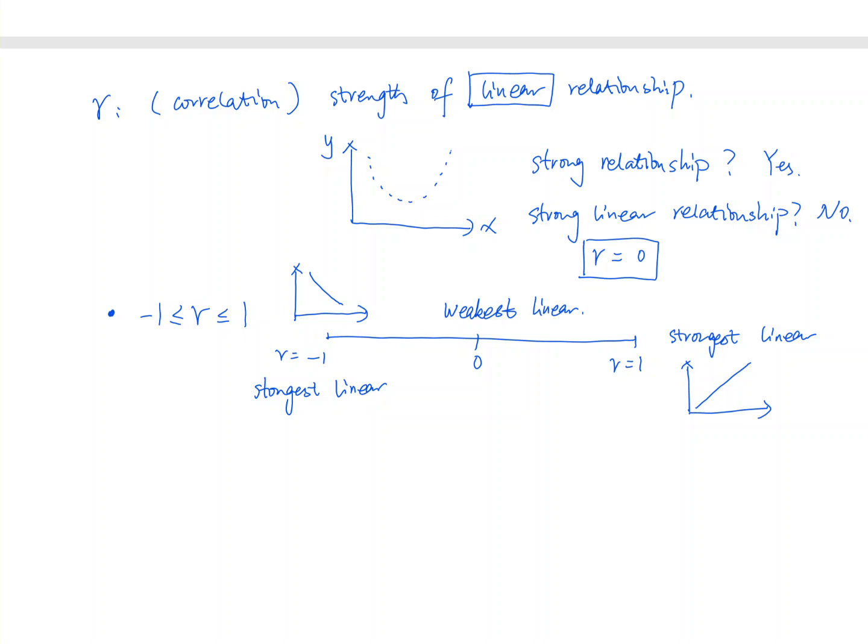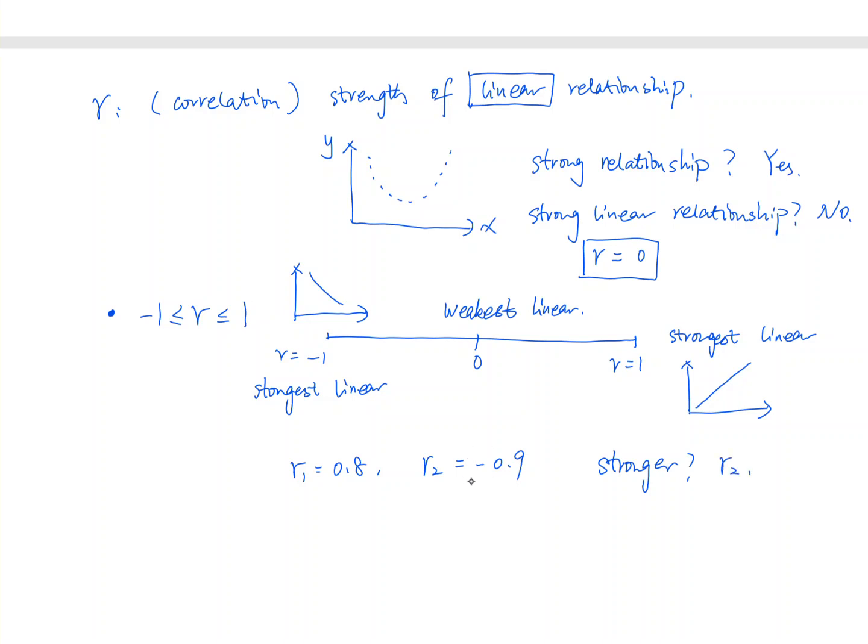So for example, if I have r1 is 0.8, and r2 is negative 0.9, which one has the stronger relationship? It will be r2, right?